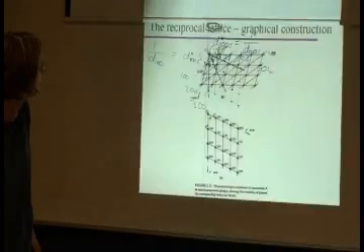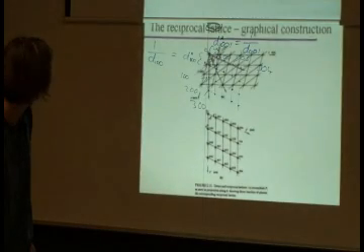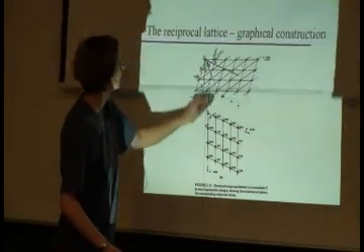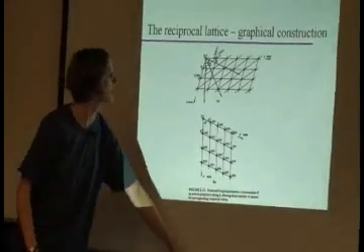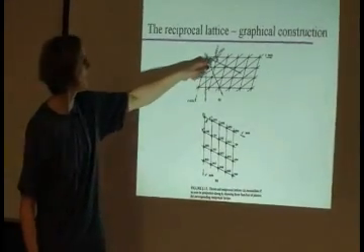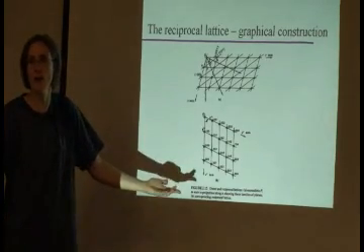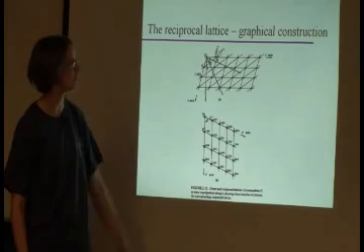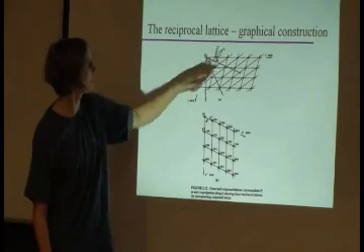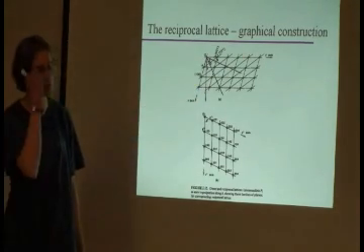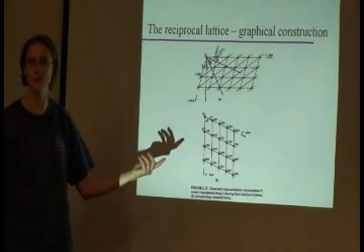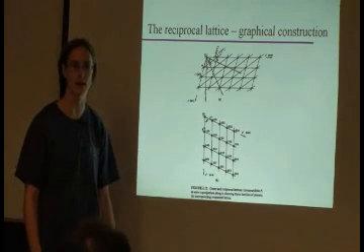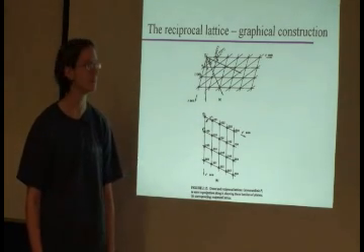Could I have figured out that 101 some other way? I sure could have, okay? I could have gone ahead and I could have drawn the 101 family of planes, right? We've learned how to do that. Cuts at 1, cuts at 1. We draw a line and we draw the parallel lines for all of the adjacent unit cells. Now, according to the rules of the reciprocal lattice, can I draw a normal to this family of planes? Sure.